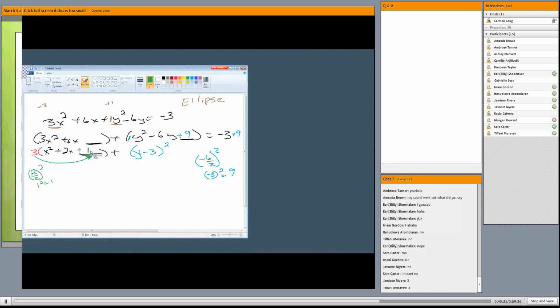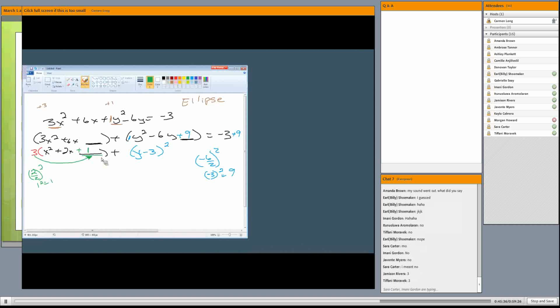We added 3 times 1, because this 3 is distributed. If we multiply it, does that make sense? So that just equals minus 3. And then we've got plus y minus this part squared equals 9.